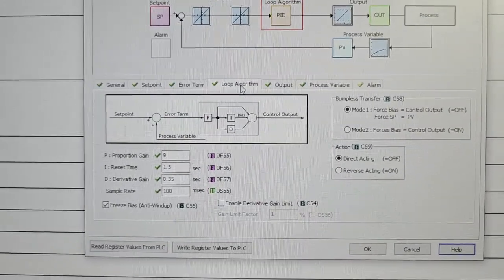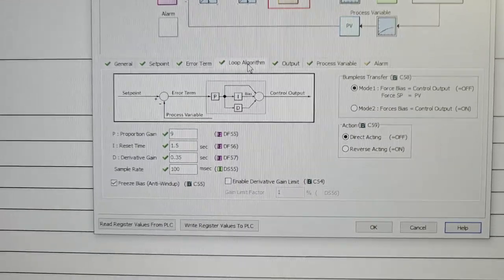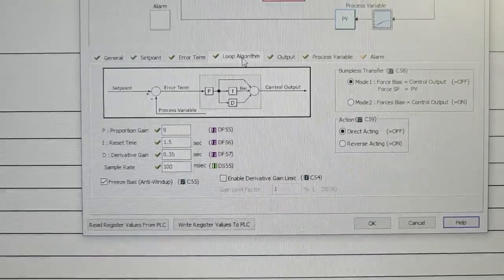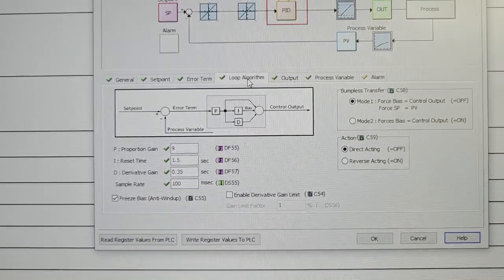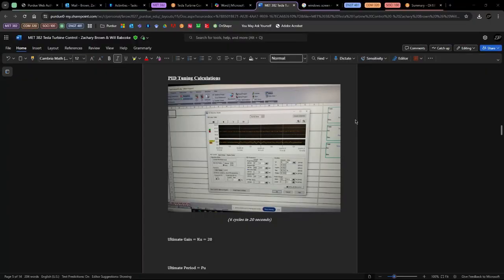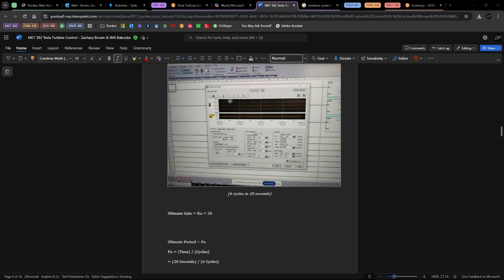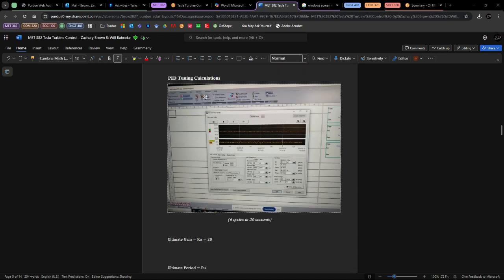Onto the loop algorithm now. We have the proportional, integral, and derivative gain that we found from manual tuning. To get the values for our manual tuning, we use the Ziegler-Nichols tuning method. So here's our picture that we used, a snapshot of our first tuning.